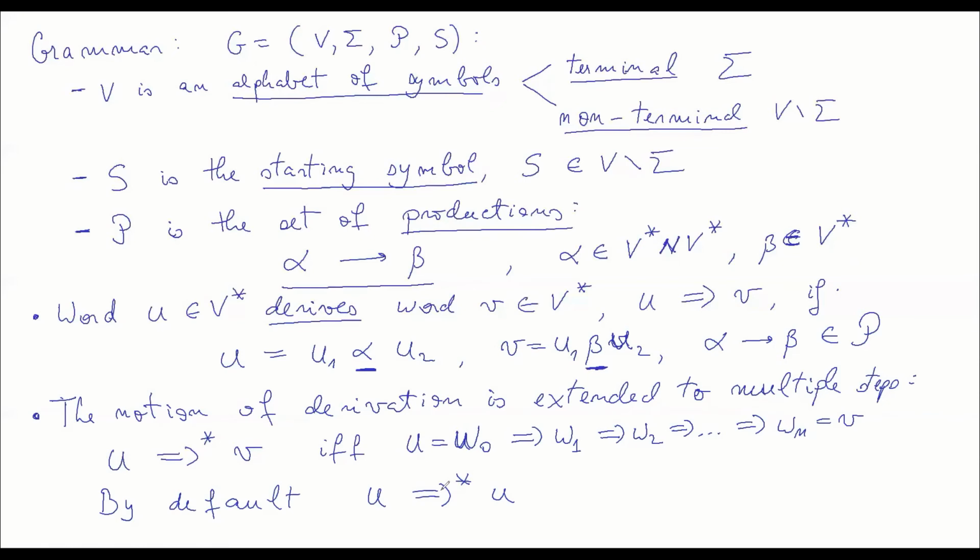And now we are ready to define the language generated by a grammar, and we do it in the following way. So again, we have a grammar G made of this alphabet, and these are the terminals. That's the set of productions, and that's the starting symbol.